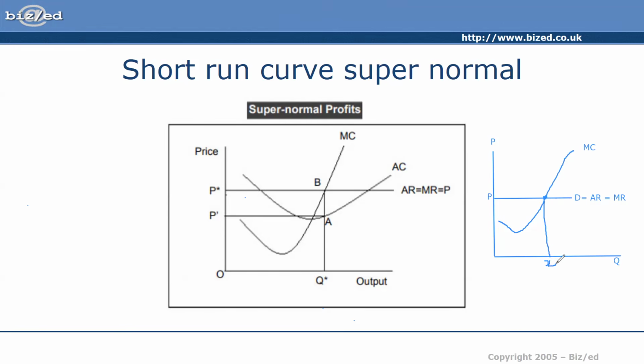Now, can you tell me what has to happen for us to make abnormal profits? So we have to earn more than what we expect. Right. Our average revenue needs to be greater than our average cost. So at this point, where marginal cost is equal to marginal revenue, when we produce this amount, our average cost needs to be less than our average revenue. So let's say this was my average cost, okay?